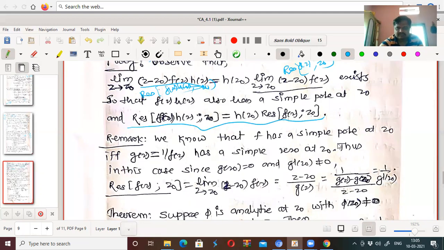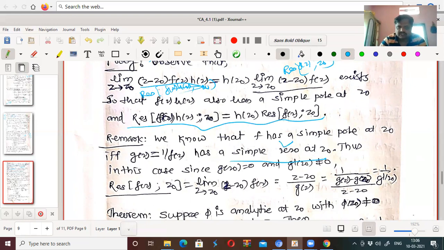We know that f has a simple pole at z0 if and only if 1 by f of z has a simple zero at z0. So if f has a simple pole at z0, then its reciprocal must have a simple zero.